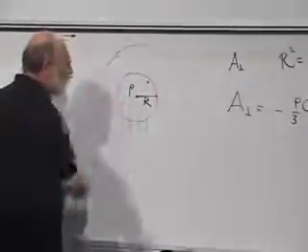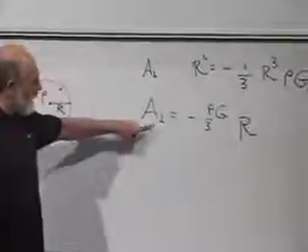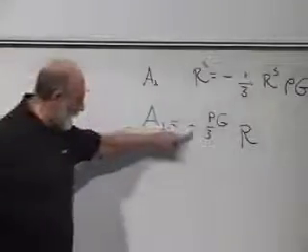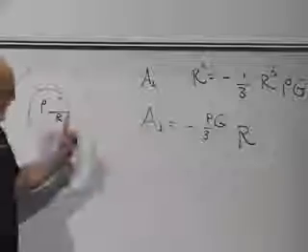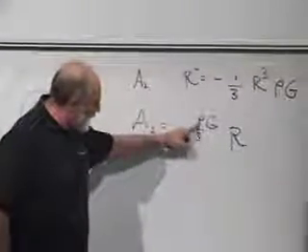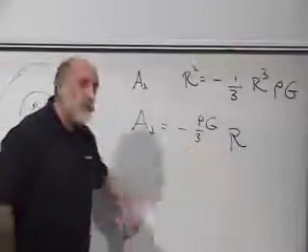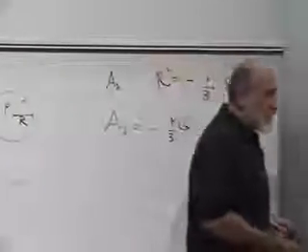We drop a particle, what does it do? Well, it experiences an acceleration which is toward the center, that's the minus sign here. The perpendicular component of A is negative, that means it's toward the center. It's got some constants in it, rho, G, and 3, those are just numbers, but it grows linearly with the distance from the center of the Earth.